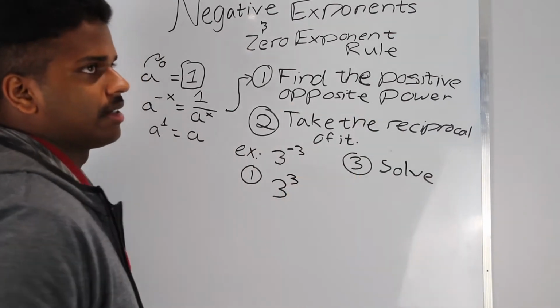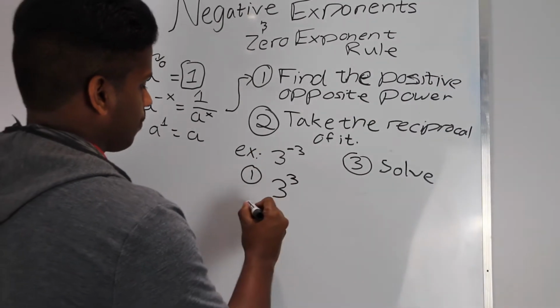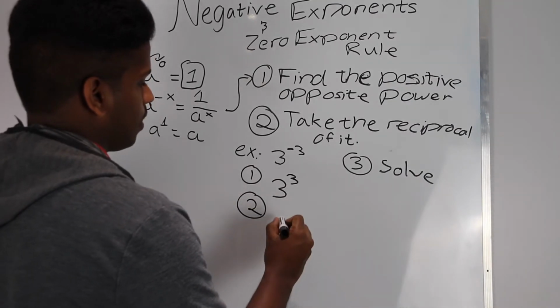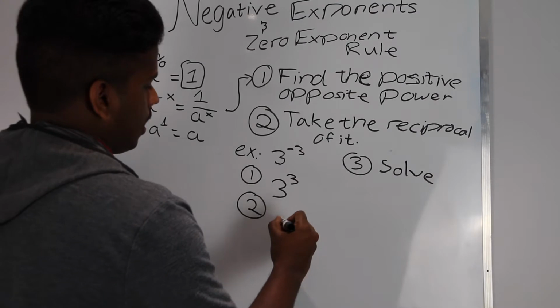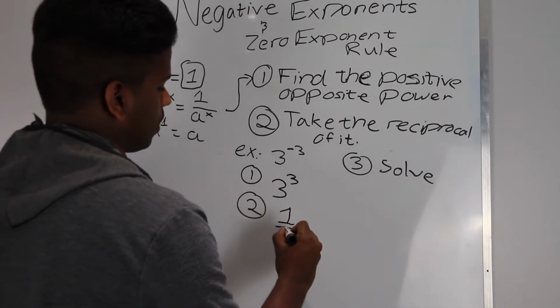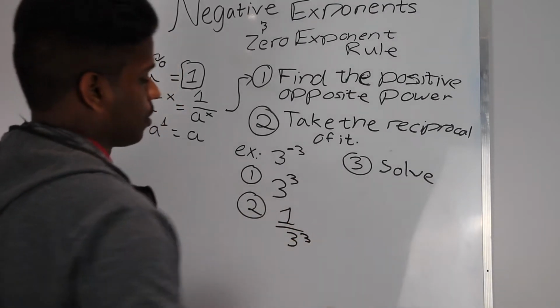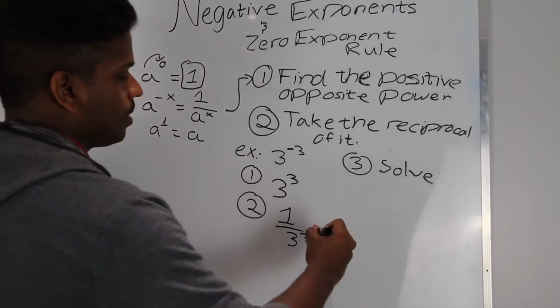So what is the next step? Take the reciprocal of it. So it would just be 1 over 3 cubed, or 3 to the power of 3. And then we would just solve it.